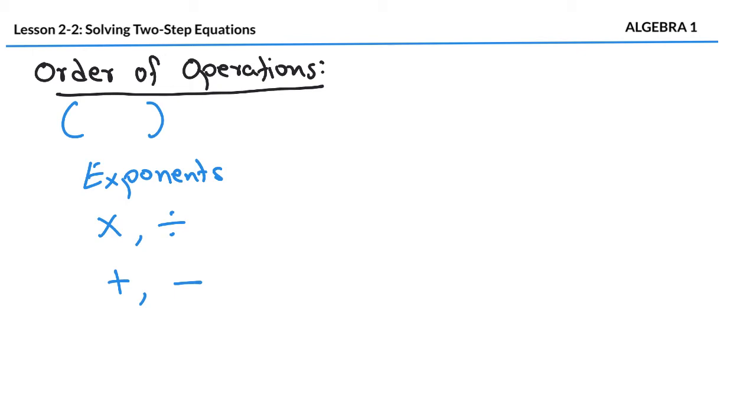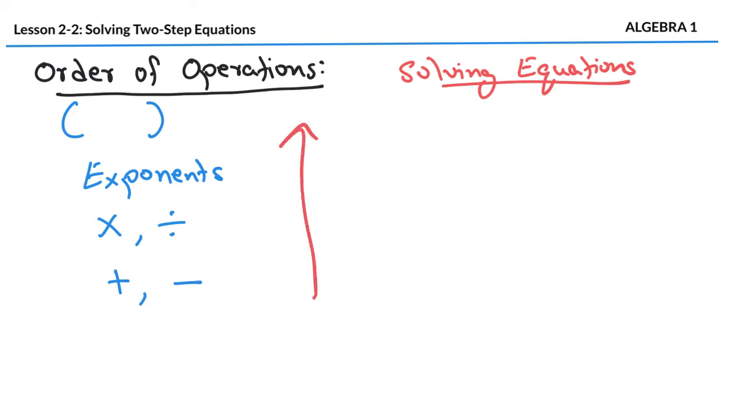However, when we have to solve equations, what we will do is we will reverse the order of operations. We will first remove addition or subtraction, then we will remove multiplication or division, then exponents and then parentheses. So remember, when you are solving equations, the order of operations with which you deal is reversed.